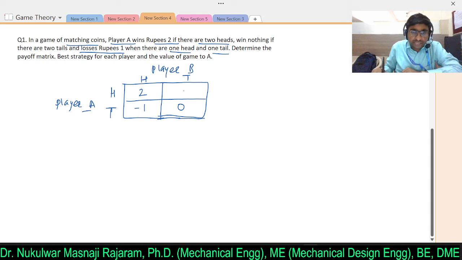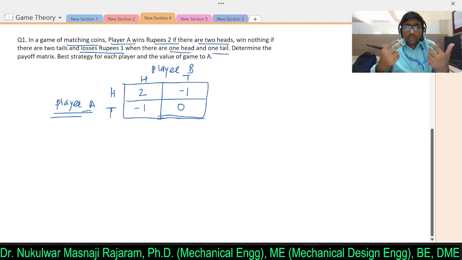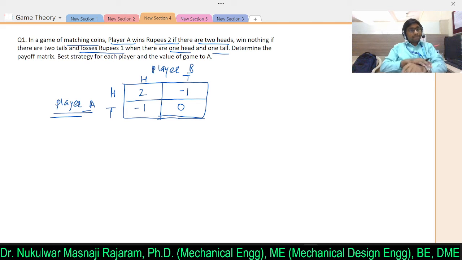Now if you consider this one, where player A has head and player B has tail, again he will lose ₹1. As I am constructing this matrix for player A, I am writing minus over here. Clear? Minus means loss to A and gain to B. So this is a zero sum two player game.